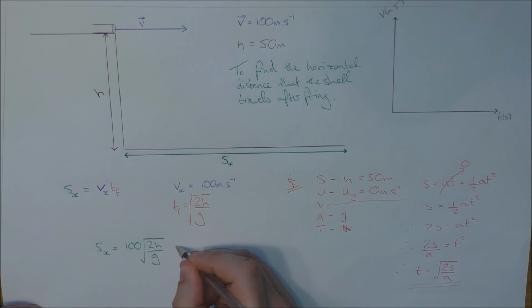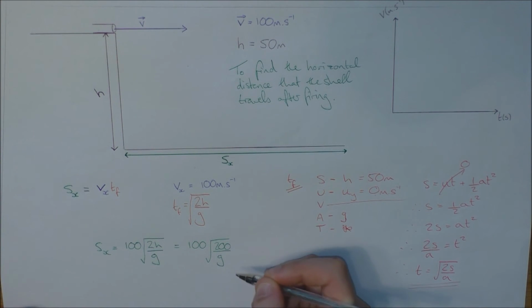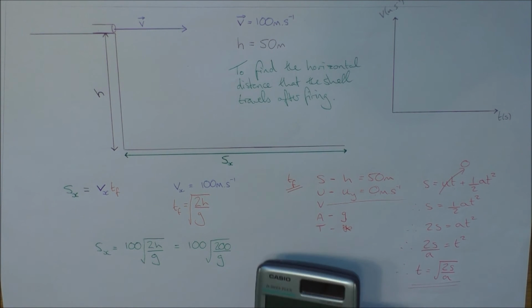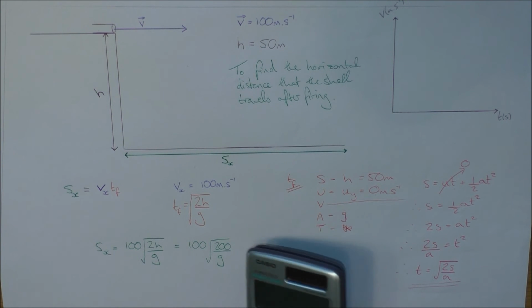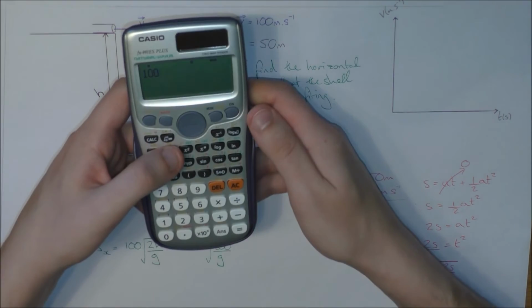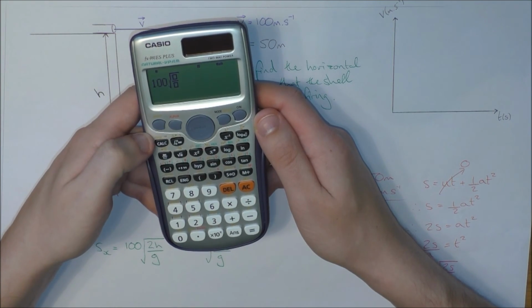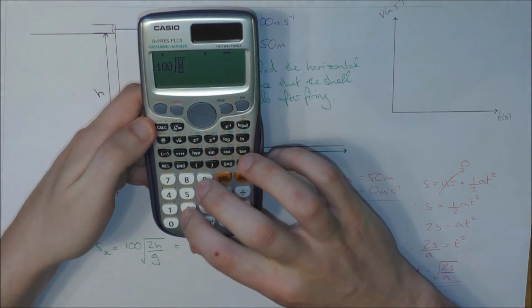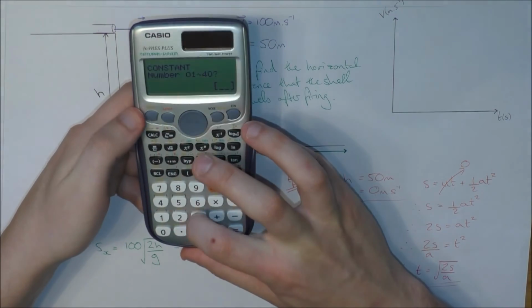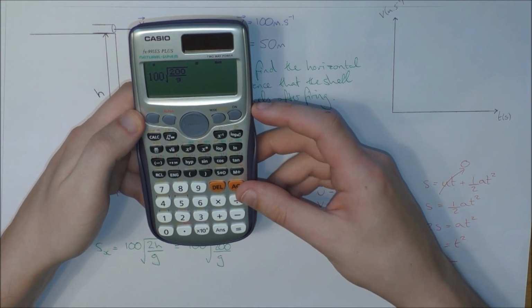Now that equals 100 root 200 over g, and that gives me something that I can put directly into my calculator. So I'm going to do 100, then I can push the square root sign followed by the fraction sign, and then I can put 200, and because I've got this fancy calculator I can put my value of little g straight in as a constant.